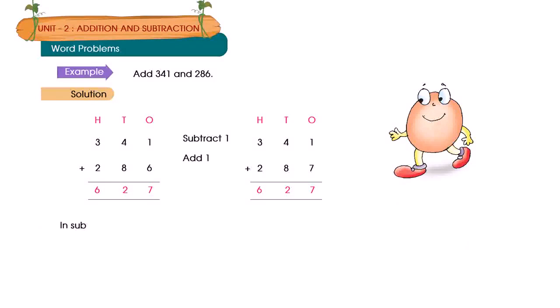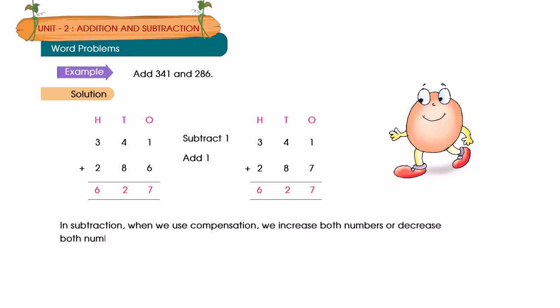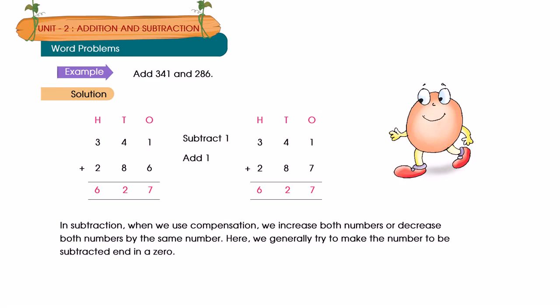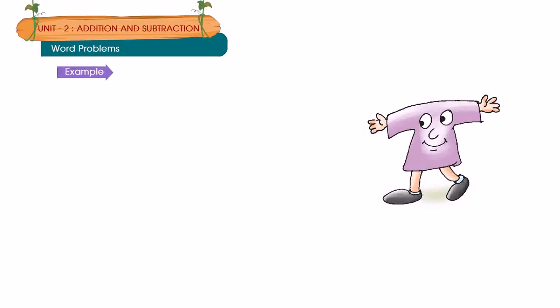In subtraction, when we use compensation, we increase both numbers or decrease both numbers by the same number. Here, we generally try to make the number to be subtracted end in a 0. Example: subtract 305 from 519.